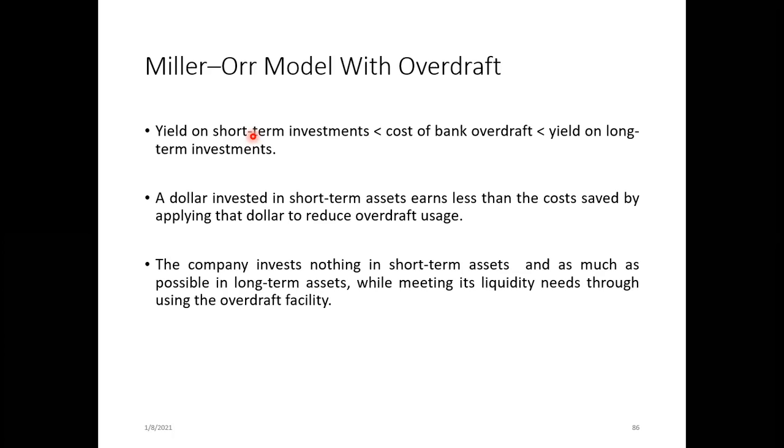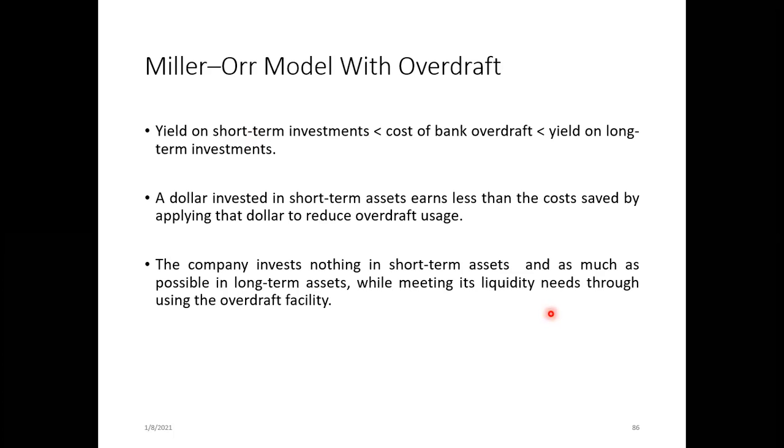When you are facing a cash deficit, go for a bank overdraft, because the rate of interest we have to pay on that overdraft is less than the money you earned from the long-term investments. So this is the implication of the Miller-Orr model with overdraft.